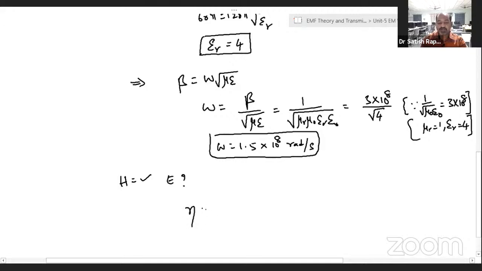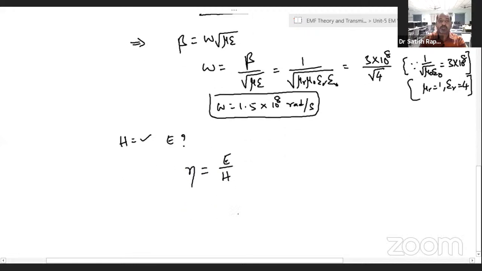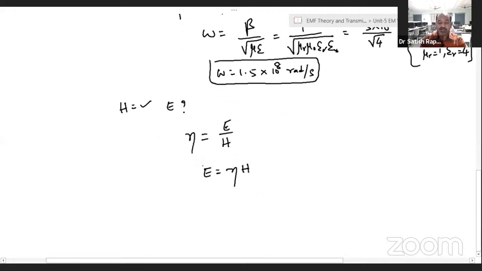Eta is equal to E by H, so therefore E is equal to eta H. From this relation we can determine it. This is Method 1 to determine the electric field: if the magnetic field is known, we can determine the electric field.